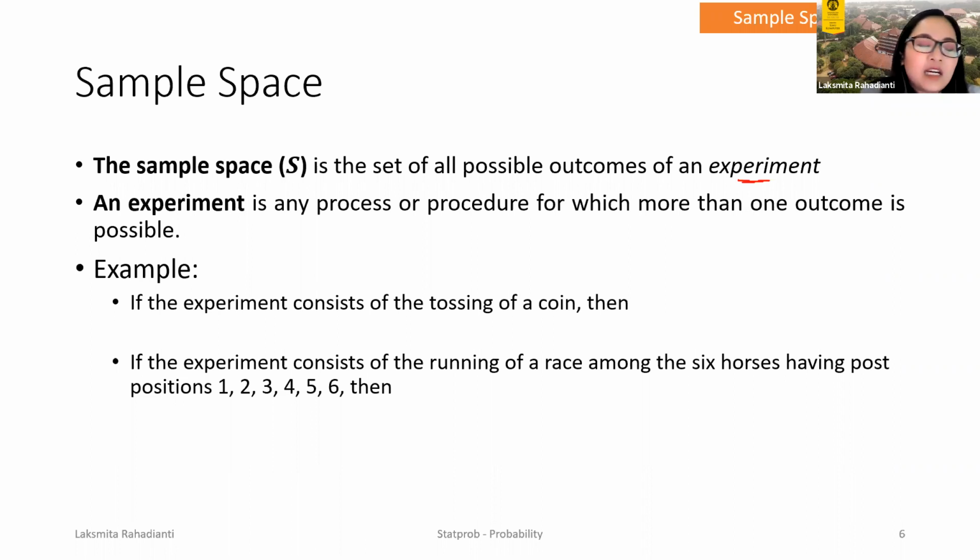In this case, the definition of experiment that we use in this context is any procedure or any possibility for which more than one outcome is possible. Case in point, if it will rain or not today. There are 2 possible outcomes to that particular question. It could rain and it could not.